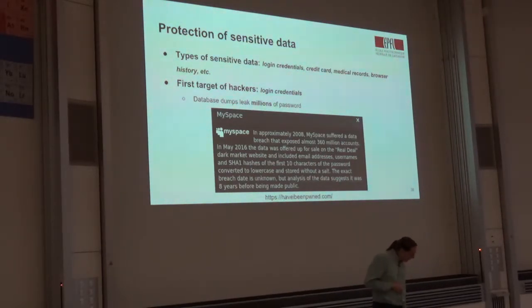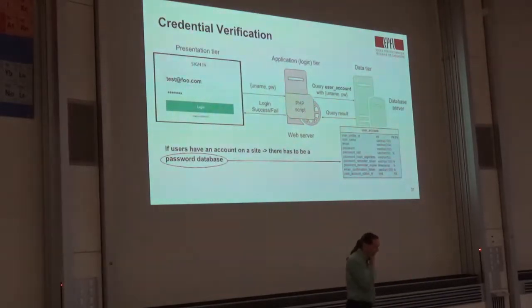These were, for example, the SHA-1 hashes of the first 10 characters of the password converted to lowercase and stored without salt. We'll get into what that means in a minute. But this is a hopelessly insecure password database that is very easy for attackers to exploit.